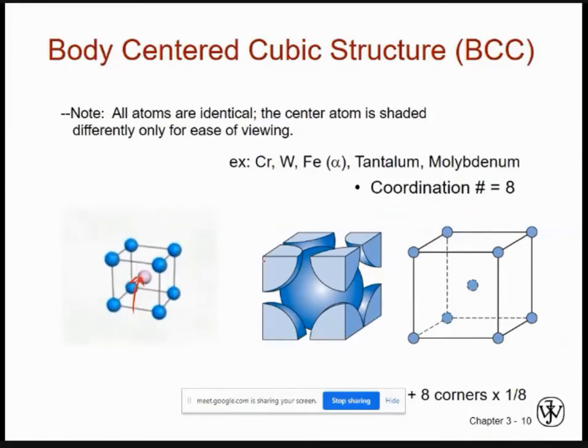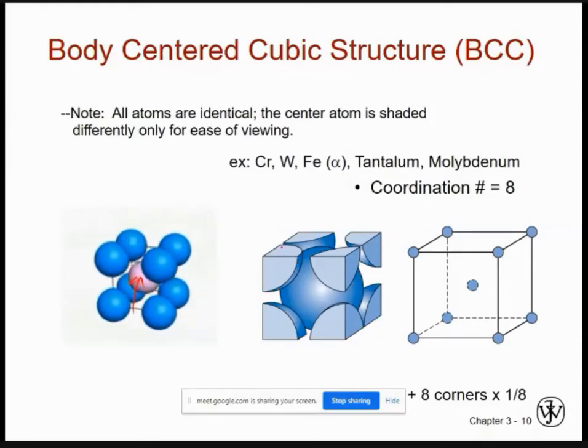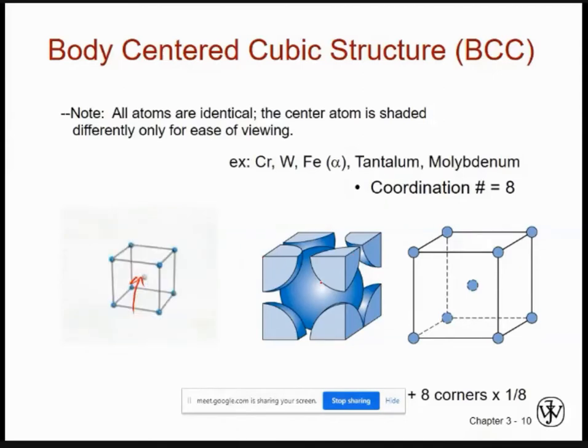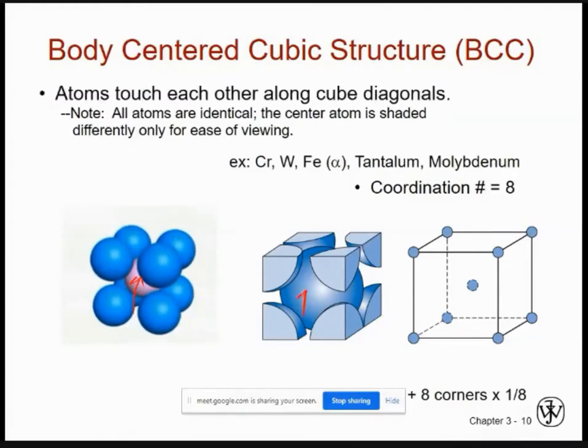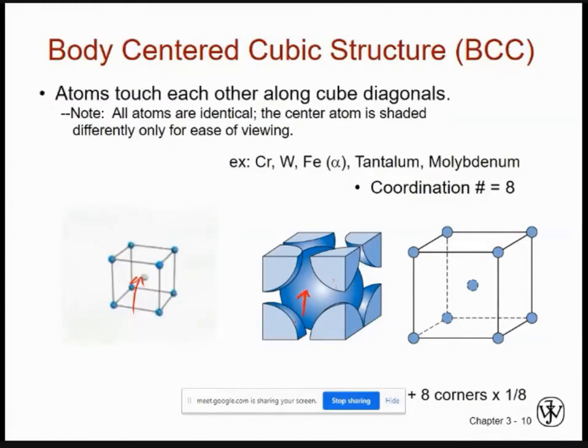If we cut the atomic part which lies outside of the cube, we get this structure. So how many atoms per unit cell do we have? This will be 1, and it is totally inside.